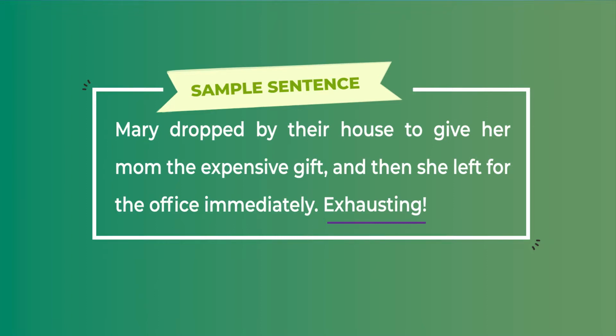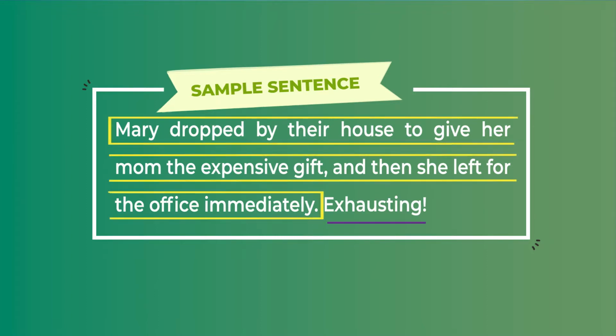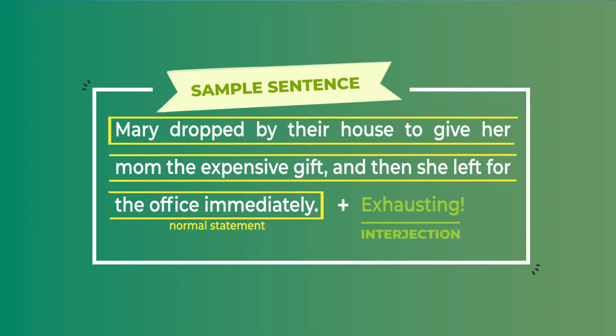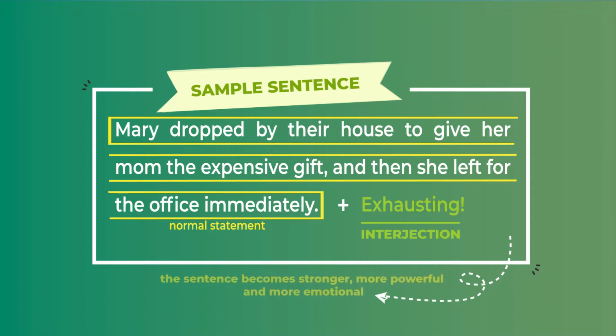When we just say, Mary dropped by their house to give her mom the expensive gift, and then she left for office immediately, the sentence sounds like a normal statement. Yet, when we add the interjection exhausting, the sentence becomes stronger, more powerful, and more emotional.